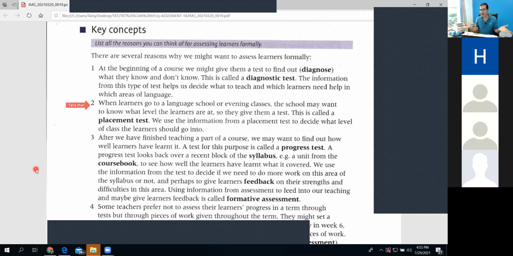So if I have, for example, done CAE, Cambridge Advanced English, that certificate shows I have obtained C1 or C2 level, depending on the marks I have got. If it is 200 or more, I will be placed in C2 level. If it is below 200, I will be placed in C1 level.